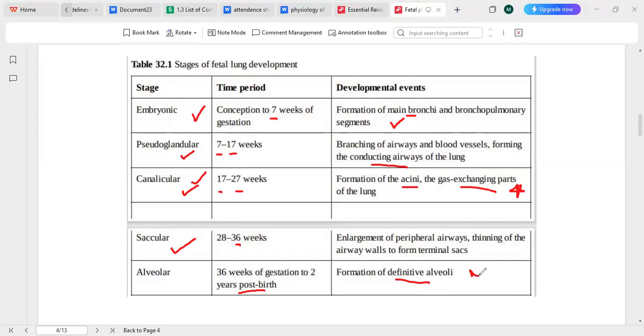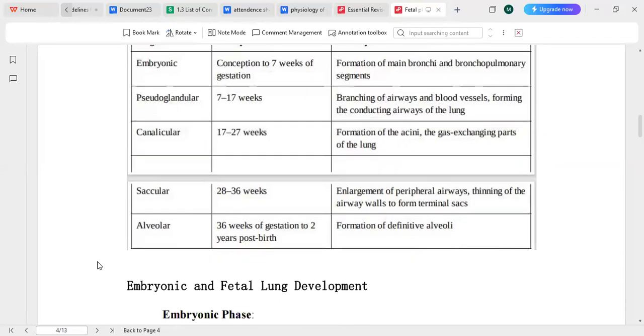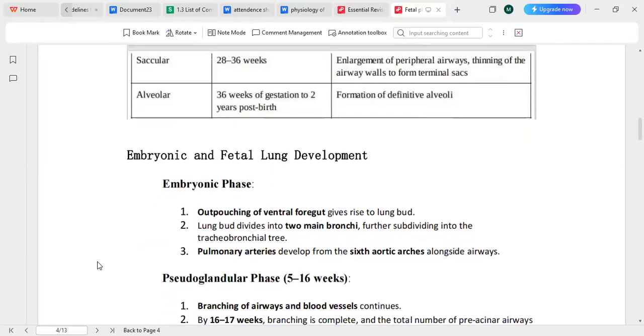This was also an exam question. Okay, so in canalicular we have gas exchanging parts, and in the alveolar stage we have definitive alveoli, which are able to perform the function by exchanging the gases.